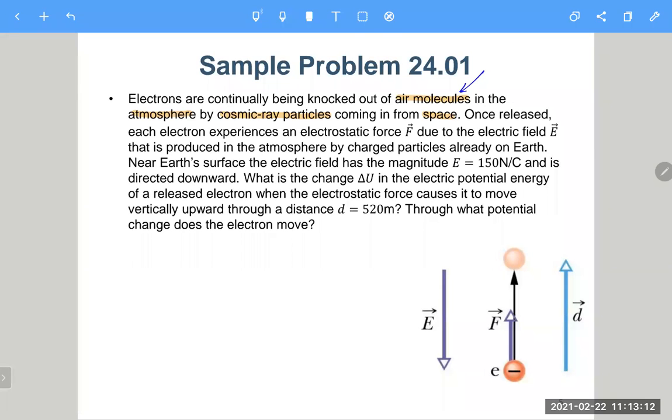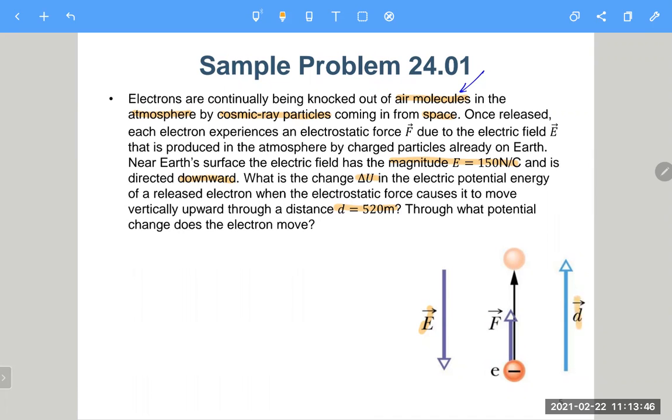So we assume that we have the E field pointing directly downward, which is 150 Newton per Coulomb. So what is the change delta U in the electric potential energy of a released electron when the electrostatic force causes it to move vertically upward through d equals 520 meters?